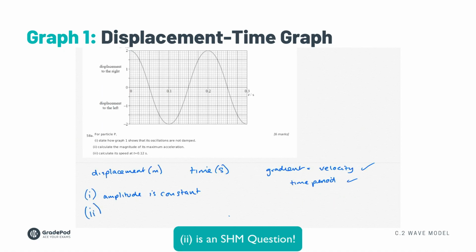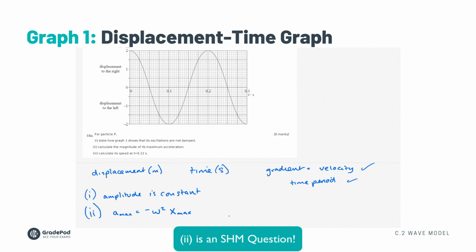Question 2 says calculate the magnitude of its maximum acceleration. If you go to your data booklet, you would find that acceleration is equal to minus omega squared x.